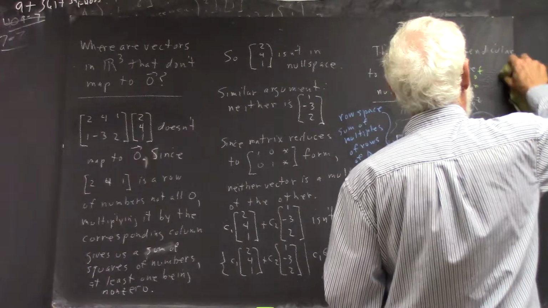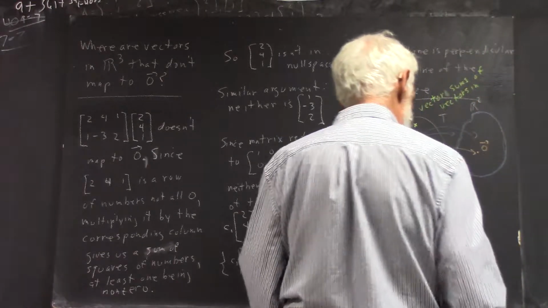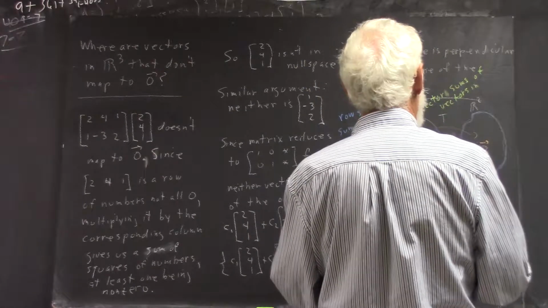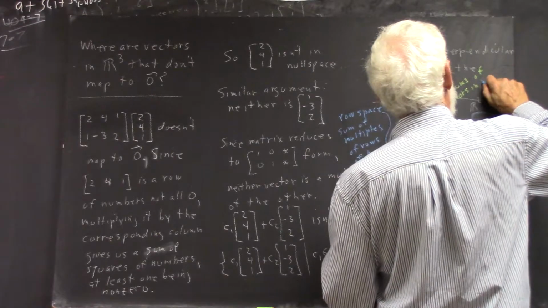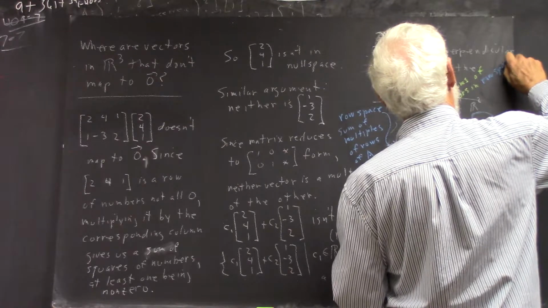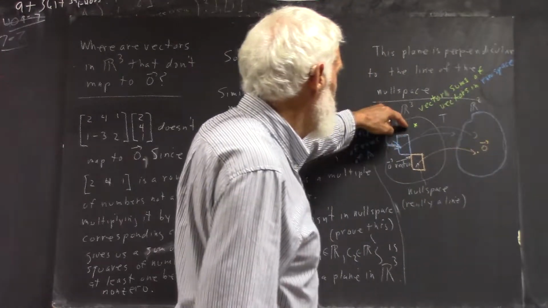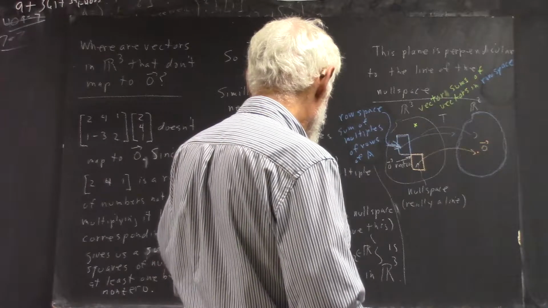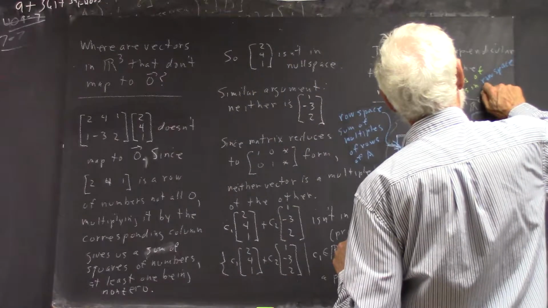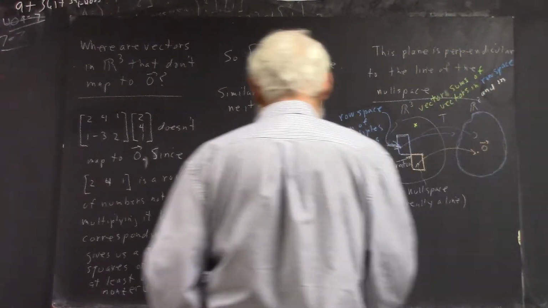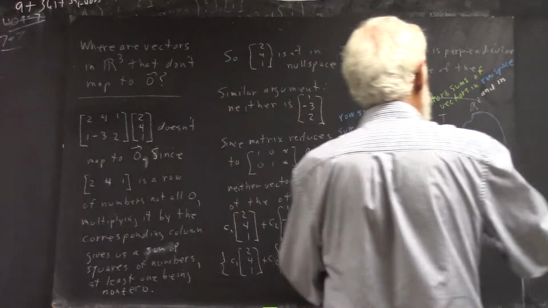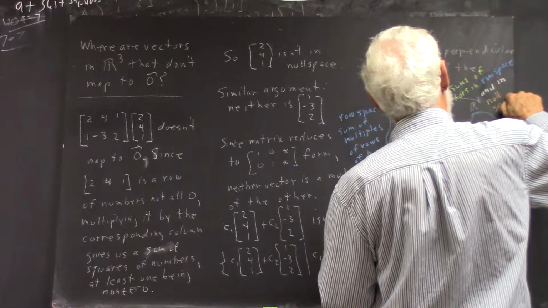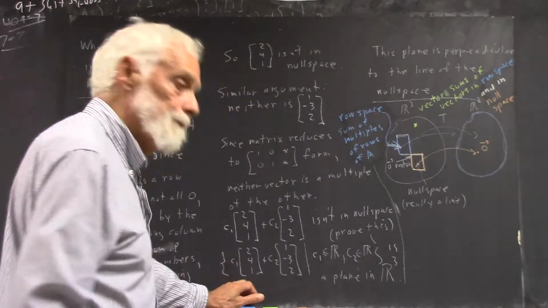And that's okay because that terminology is implicit, but it's going to be better if I say vectors which are vector sums of vectors in the row space and in the null space.